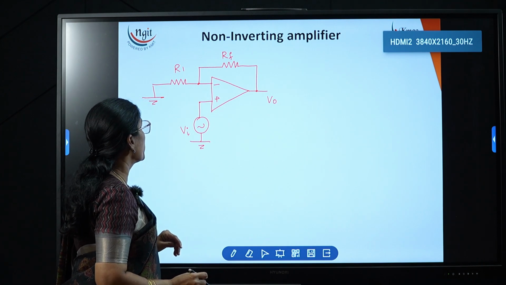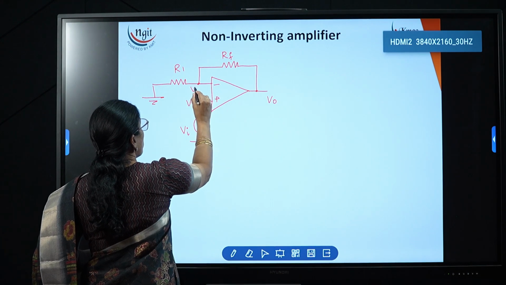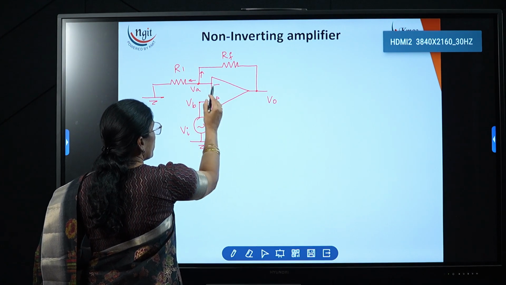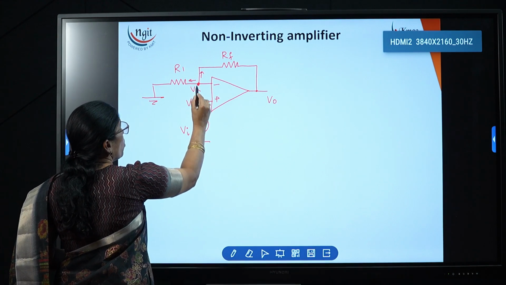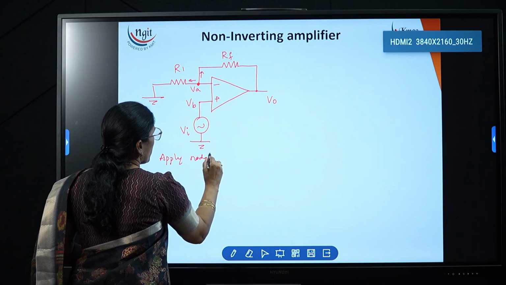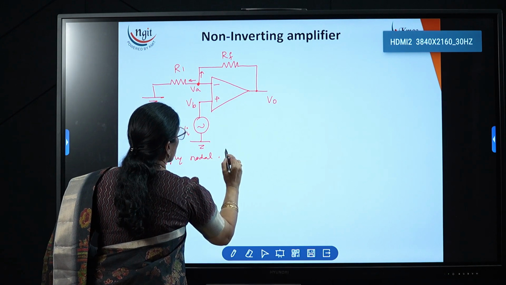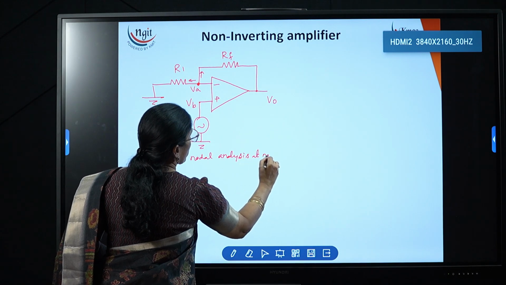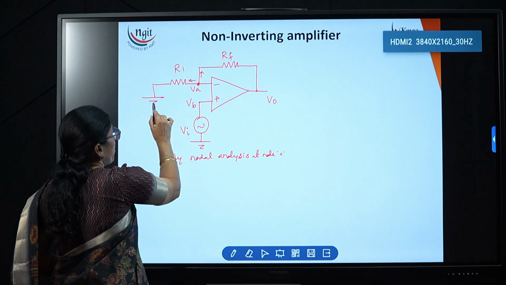Now we need to derive the expression for this gain again. So now here I am taking this as VB and this is VA. Now currents: two currents we will take. This current no need to take, because I have already said that the current is equal to 0. Now apply nodal analysis at node A. Here the potential difference is 0.